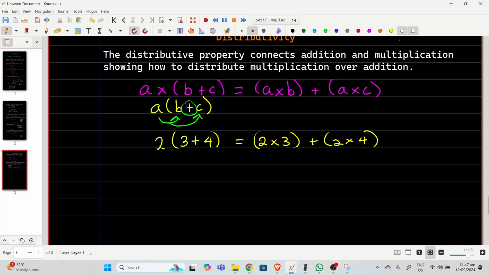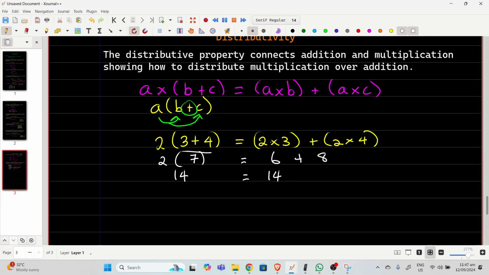And if I work out both sides, you would see I'm getting the exact same answer. So apply BODMAS or PEMDAS. I work out the brackets first. The brackets inside of here is 7. And then 2 into 7, I get 14. And when I look at the other side, 2 times 3 is 6, and 4 times 2 is 8. So 6 plus 8 is going to be 14 as well.